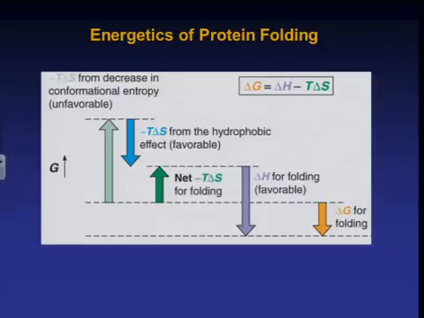So this is going to contribute favorable delta G. The delta H for folding: if the delta G is negative, that's good, and if the delta H is negative, that's good. Where is this delta H for folding coming from?